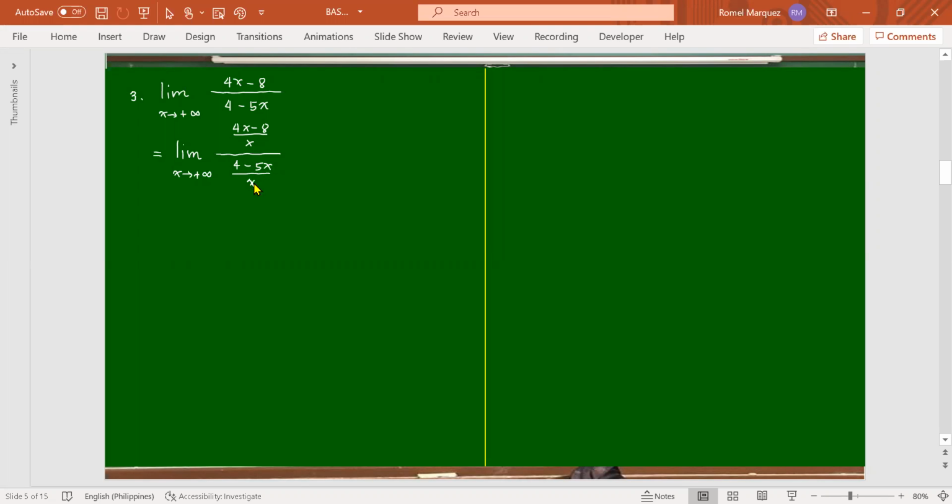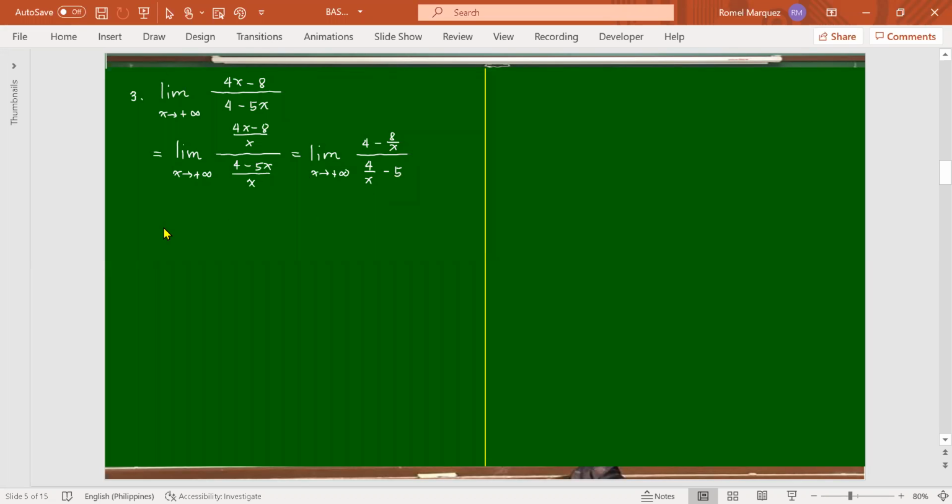And then this is now equal to what, guys? Limit as x approaches positive infinity: 4x over x, that is 4, minus 8 over x, and then 4 over x, and then minus 5.